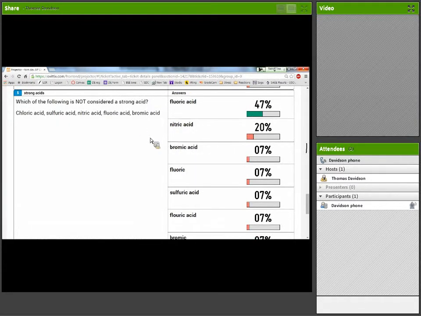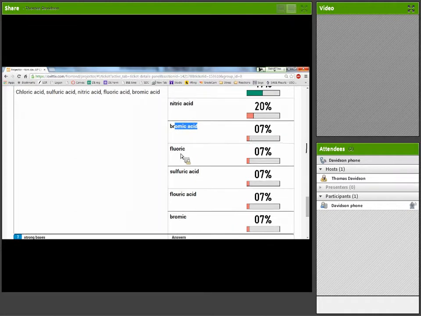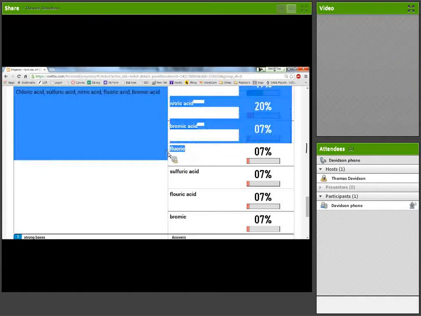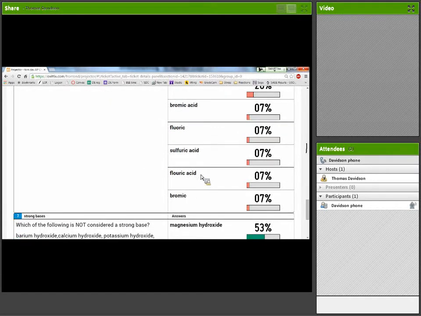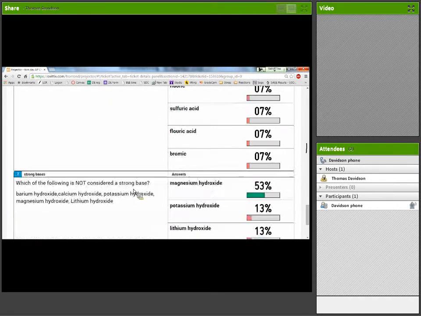You just have to memorize that fluoric acid is not considered a strong acid, and neither is hydrofluoric acid, because fluoric acid isn't really a thing. If it's not a thing, it's certainly not a strong acid. Nitric acid, very strong. Bromic acid, strong. This is fine, because that's how I had it. Sulfuric, strong. Spelled wrong. Bromic, strong.